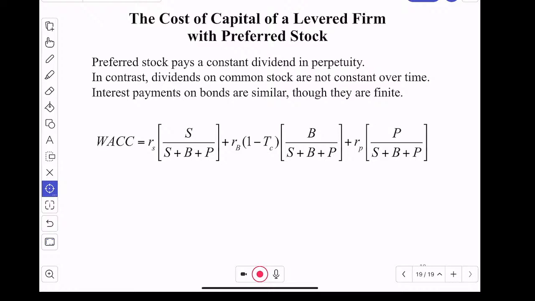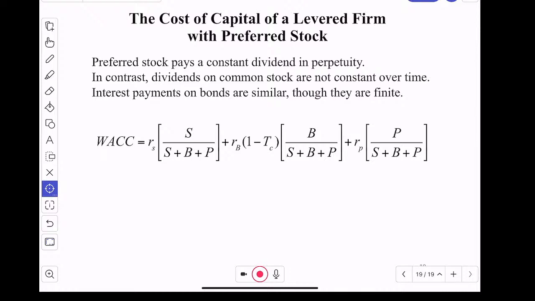So preferred stock pays a constant dividend in perpetuity with a commitment from the firm. In contrast, dividends on common stocks are not constant over time. Interest payments on bonds are similar to that of preferred stock, in that there's a guarantee, though they are finite payments.